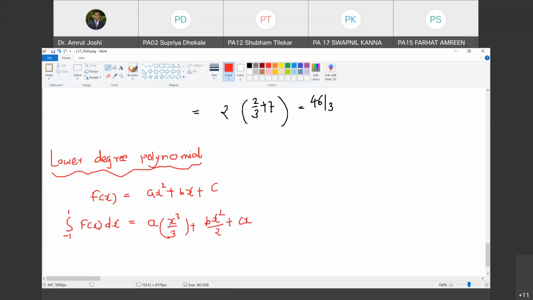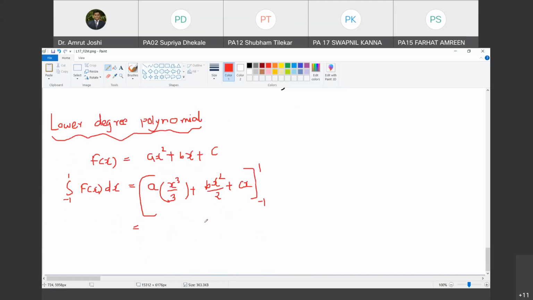Do you agree? Yes, sir. And this is within the limits -1 to 1. Even powers are going to cancel out, so the second term is going to cancel out. What remains is only the first and third terms, and that is going to be 2a by 3 plus 2c. Do you agree with me?